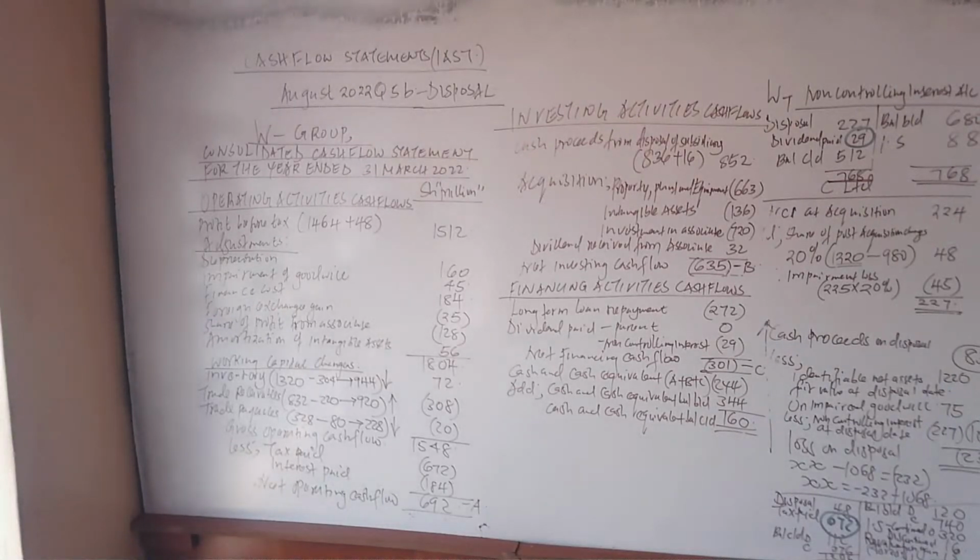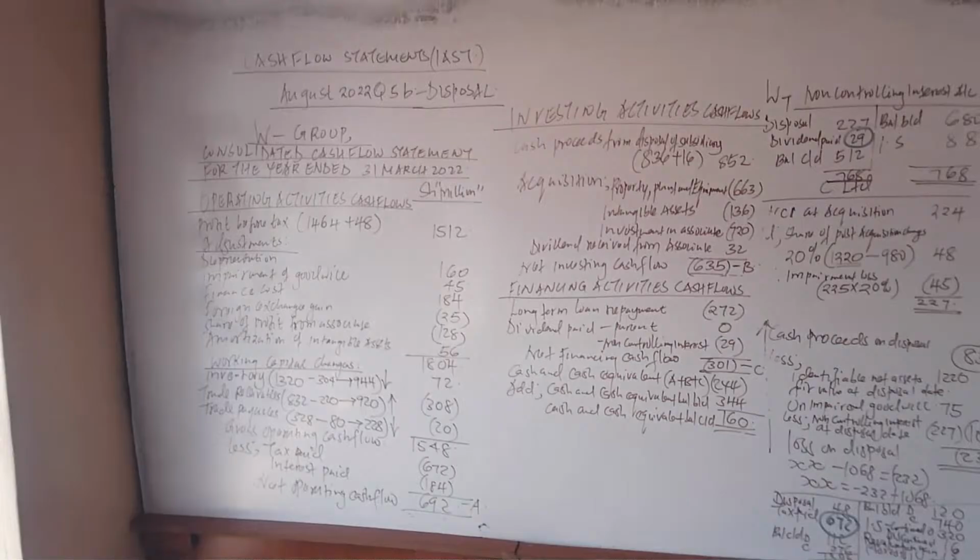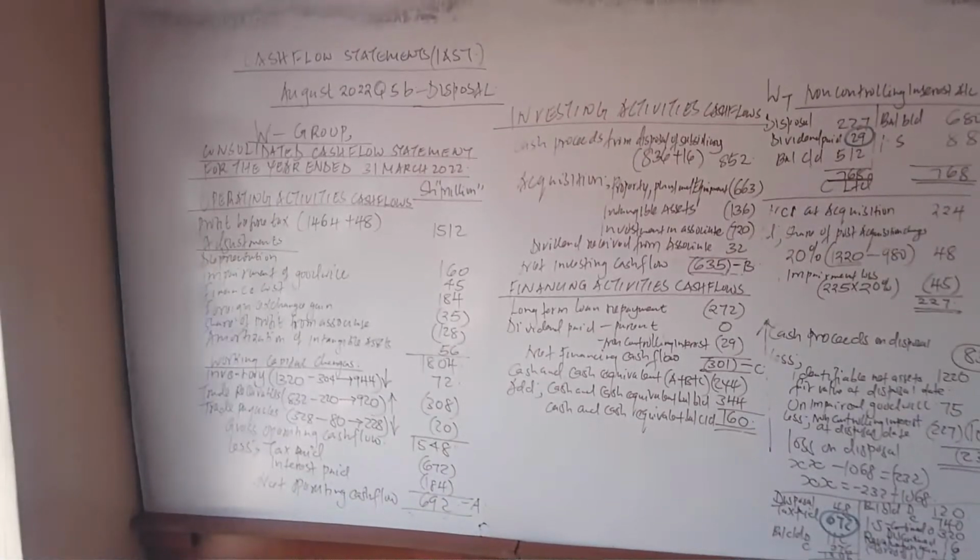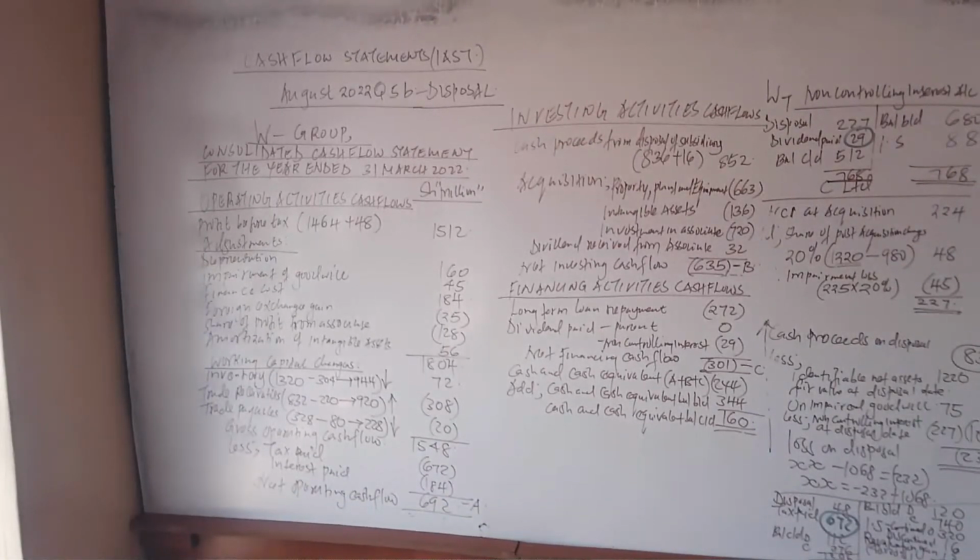Trade payables. So we have adjusted that. Let me look at the inventories, trade payables, and the other ones. So trade payables. At the beginning, we had... Can you read that figure carefully?